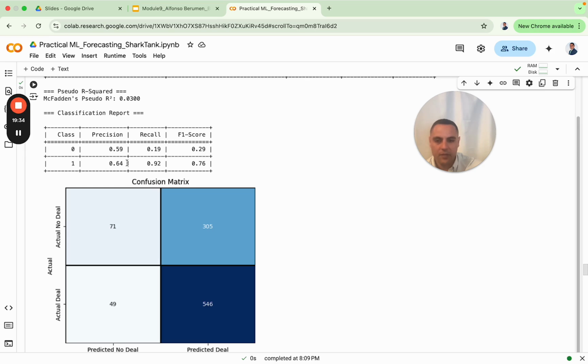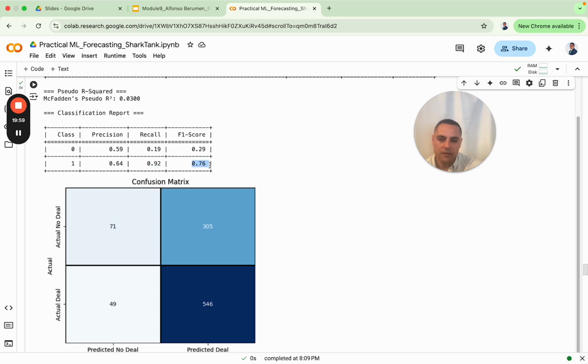Alternatively, for class 1 or the got deal, about 64% of the predicted deals were actually successful in terms of the prediction. So we can also look at the recall. I'm going to focus on the got deal now. So the model captures 90% of the actual deals, meaning it misses few true deals.